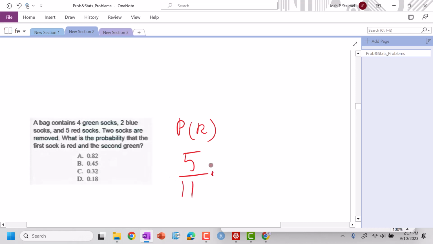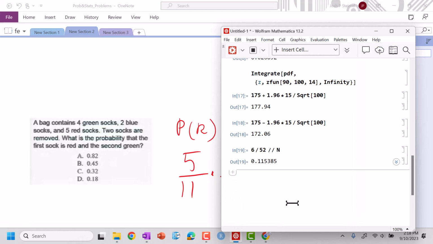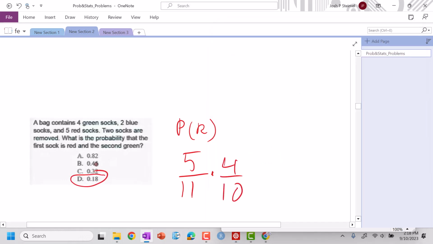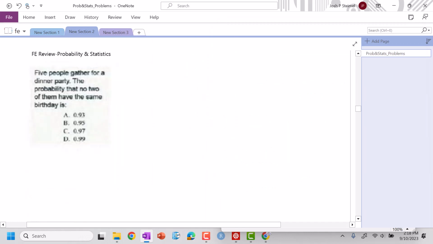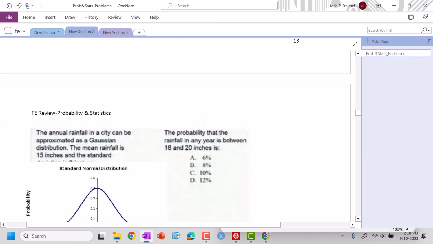Once I remove that, the probability that the second one is green is going to be 4 out of 10. And then we can multiply that. So 5 divided by 11 times 4 divided by 10. That's that AND statement. It's about 18%, or 0.18. All right, let's move through here.